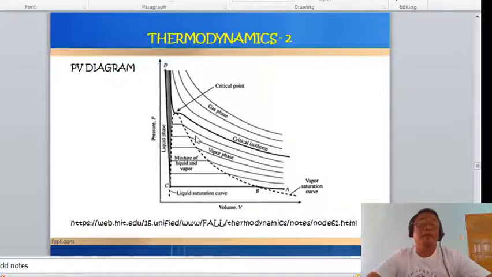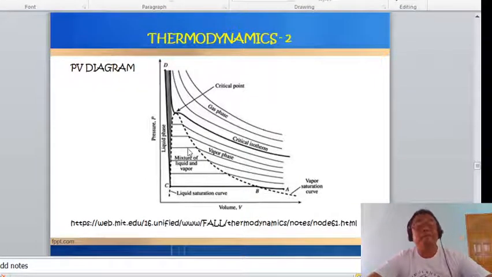If the steam, class, is now beyond the broken line at the right portion, it is now superheated steam.